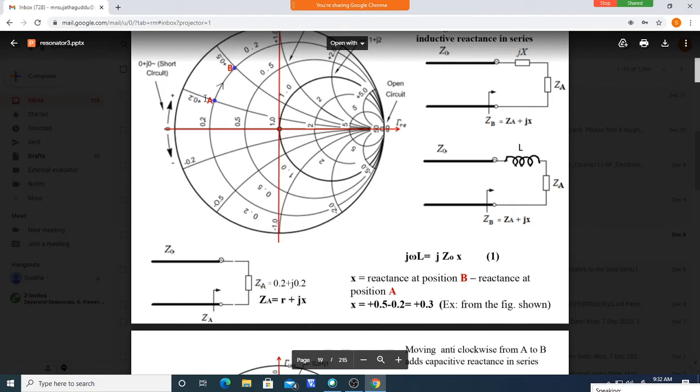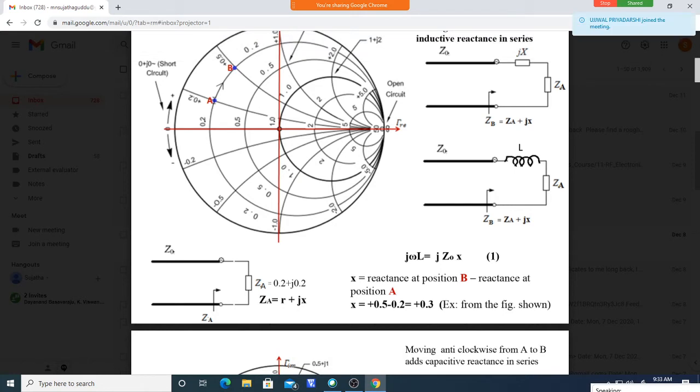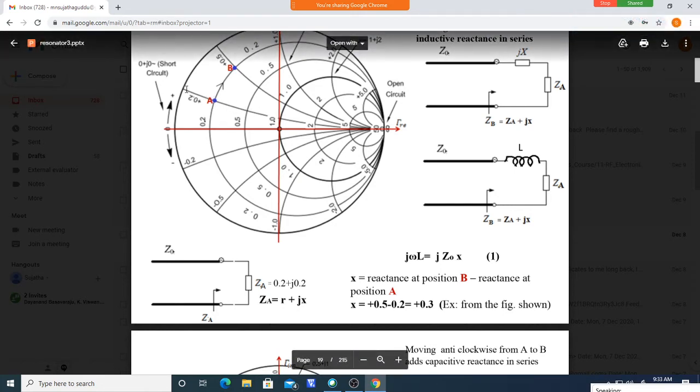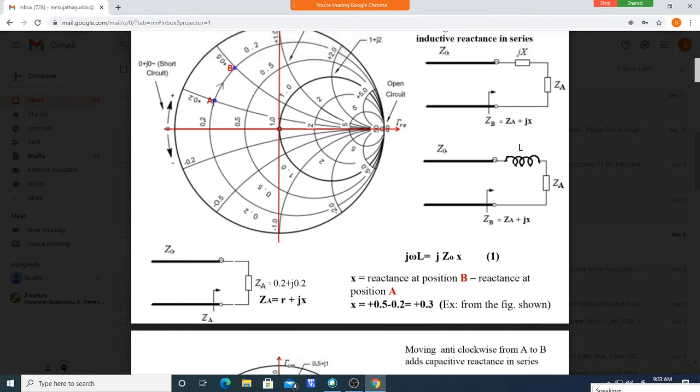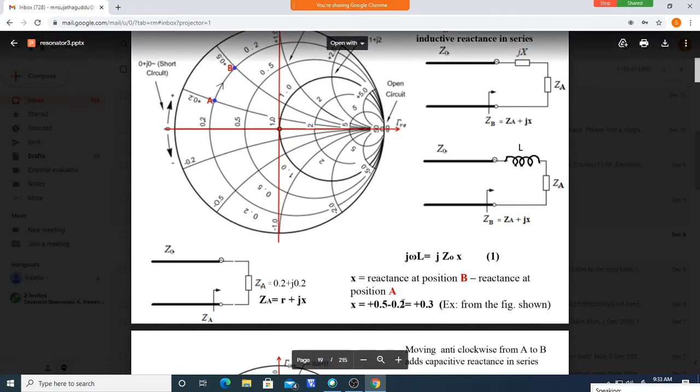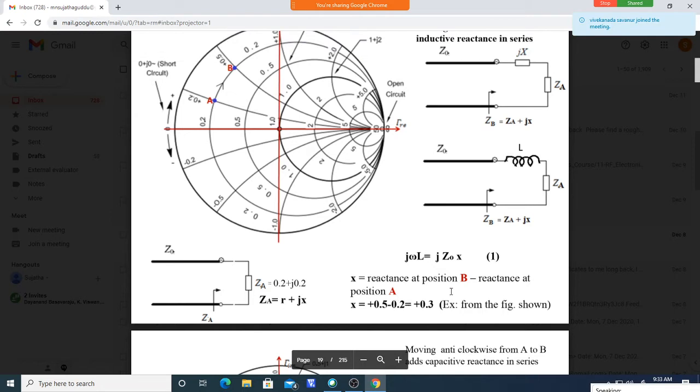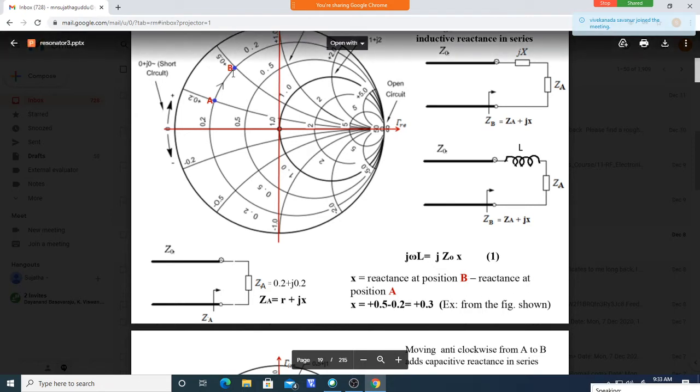You see the reactance circle passing through that point. Which reactance circle is passing through this point? The 0.2 circle is passing. So the reactance at A is plus 0.2. What is the reactance at point B?